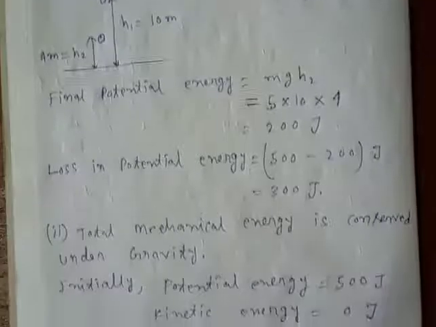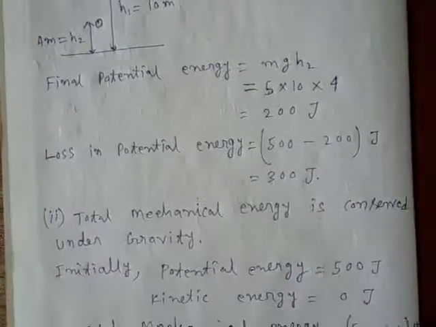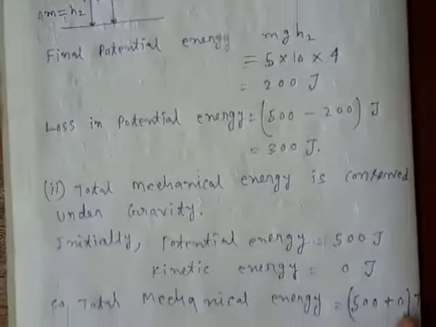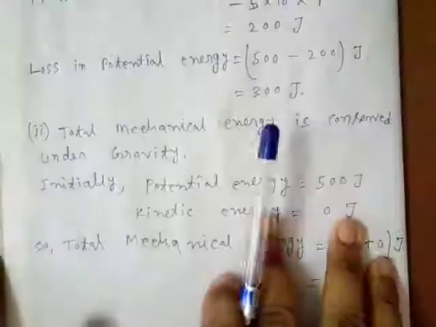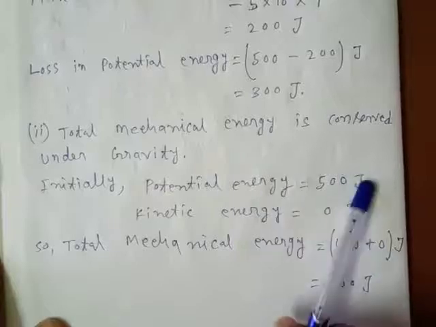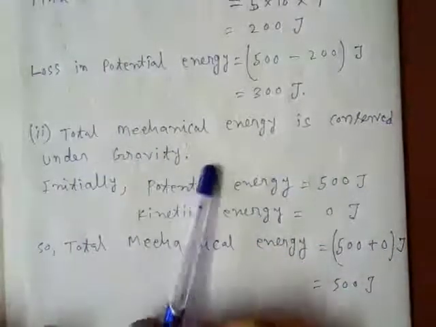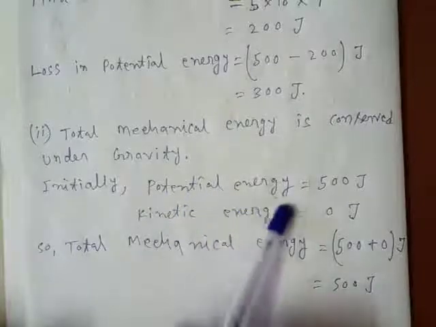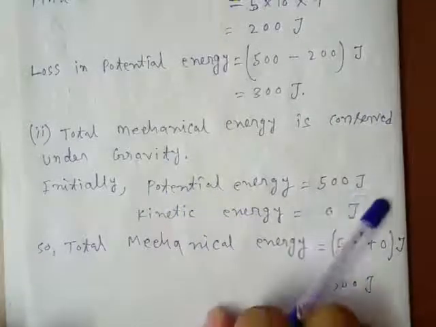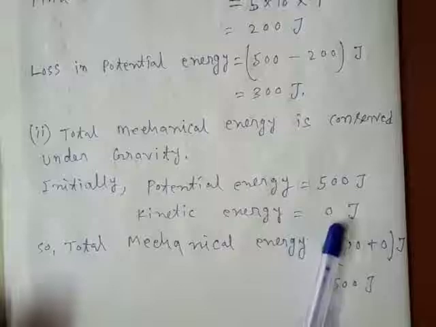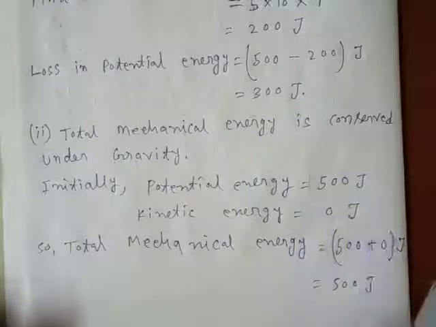Now the second question is the total energy possessed by the body at any instant. The question has a simple answer. The total mechanical energy is conserved under gravity. Initially potential energy is 500 joule and kinetic energy is 0 because there is no velocity in that body.